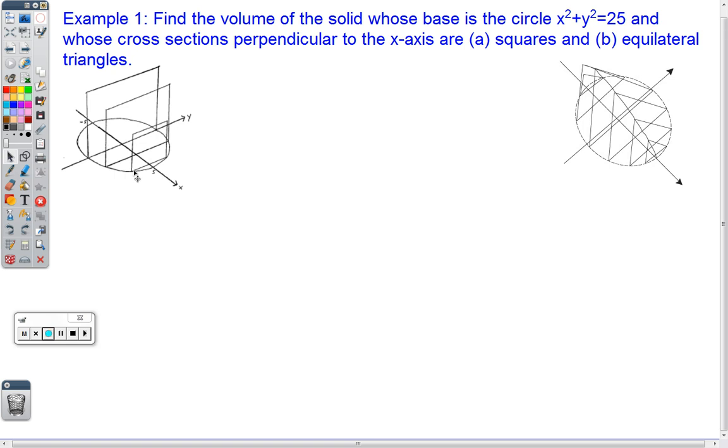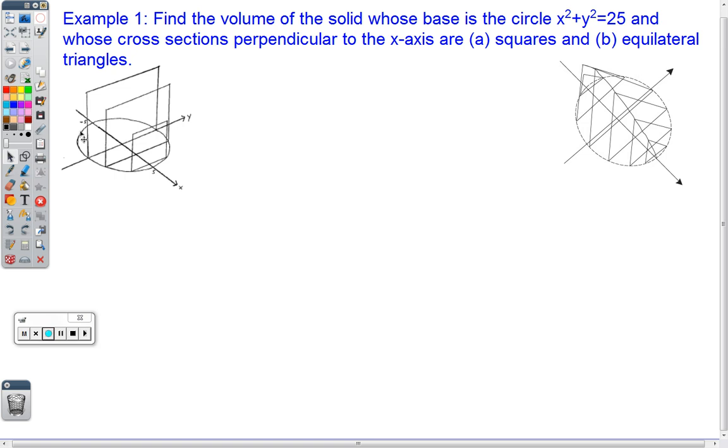Because this part of the circle is smaller, we have a shorter square. In the middle, where we have the diameter, the largest size, we have the very largest square, and then over here it gets smaller again. If you remind me in class, I do have a model of this that you can see, so hopefully that will help.